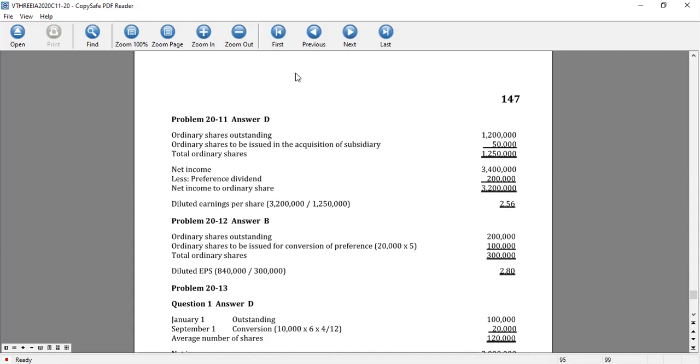Then ordinary shares to be issued for conversion of preference, we have 20,000, the preferred number of shares. So just multiply it by 5. So you get the total ordinary shares. And diluted earnings per share, 840,000 being the net income, and then we divide it by the total ordinary shares.